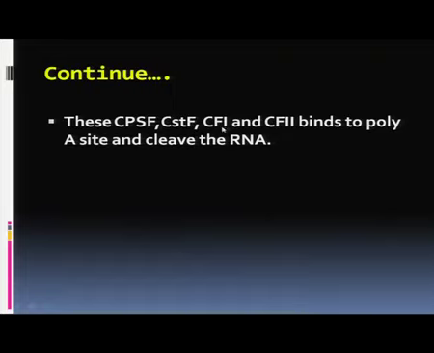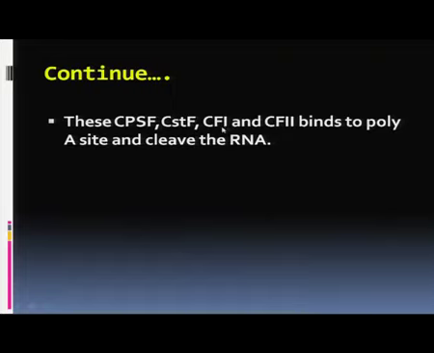You can see after the cleavage by cleavage factor 1 and 2, 2 other proteins, PAP, that is poly A polymerase, and PAB2, that is poly A binding protein, combine together and add adenine nucleotides to the 3 prime end, it may be 50 to 250 long, with the help of adenosine triphosphate. So, this is how the 3 prime poly A tail is added with the help of poly A polymerase enzyme and poly A binding proteins.